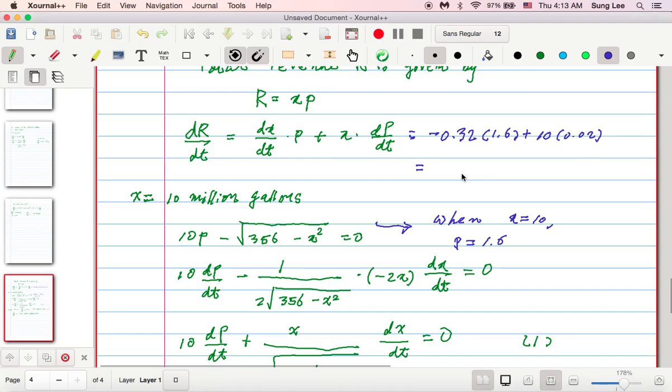Altogether, we are going to have negative 0.312.